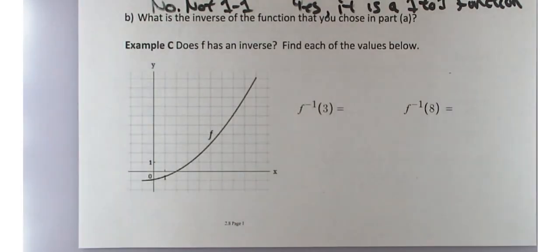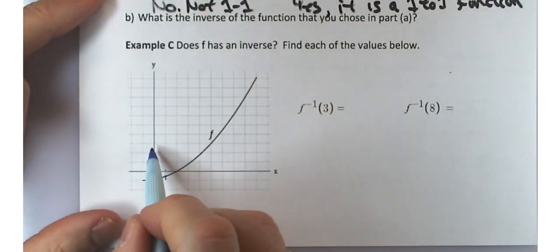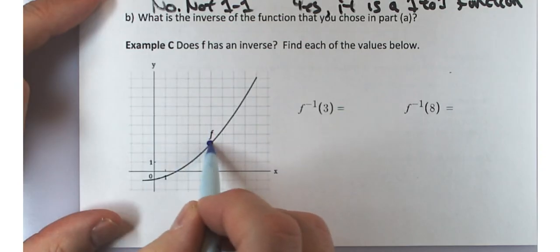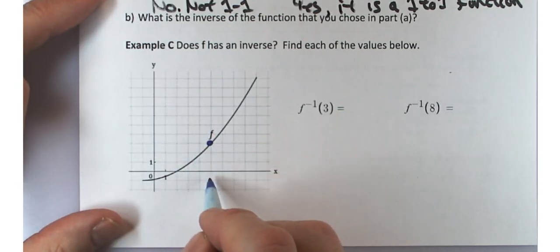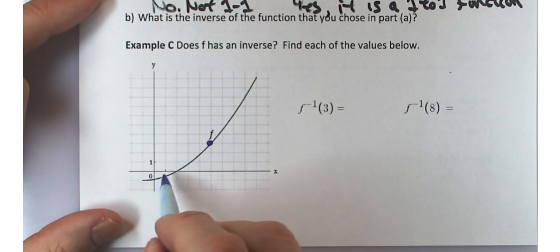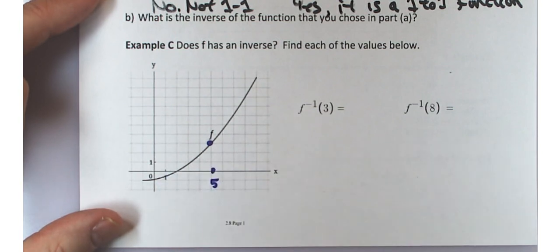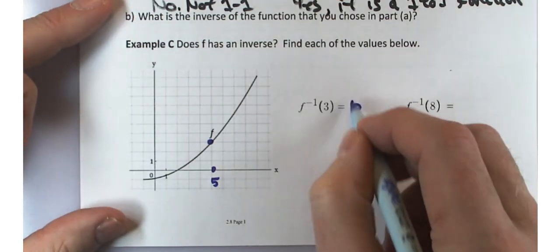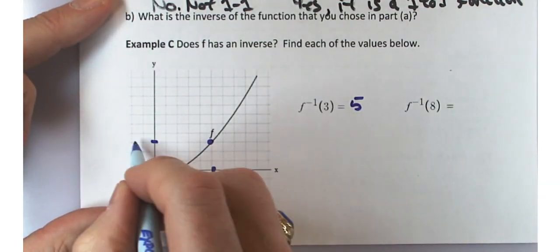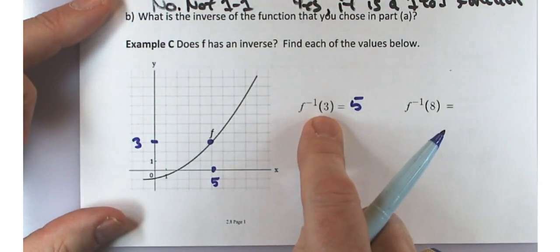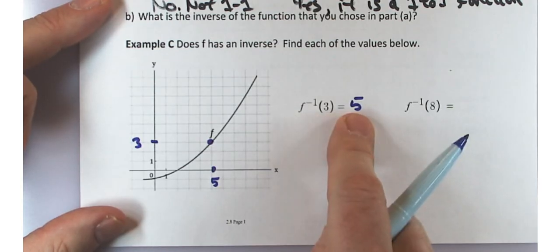So you're inputting a 3, 1, 2, 3, and that goes along with this value for x, 1, 2, 3, 4, 5. So you would output a 5. So we input a 3 for the y value, and you output the x value, which would be a 5.